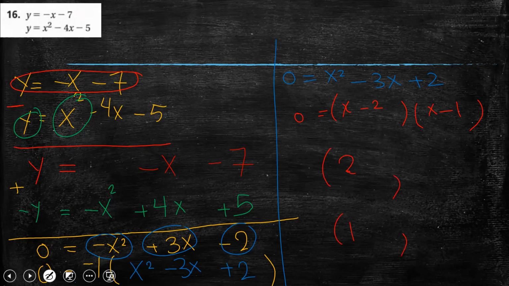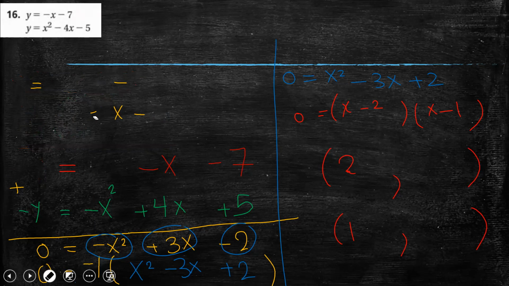For these 2 and 1, I need to find y because the solution is a coordinate, not just x. You have to find the first coordinate and the second coordinate. For the first one, I have 2. The first point is 2. Now, Huda, I need to find y. What do I have to do?